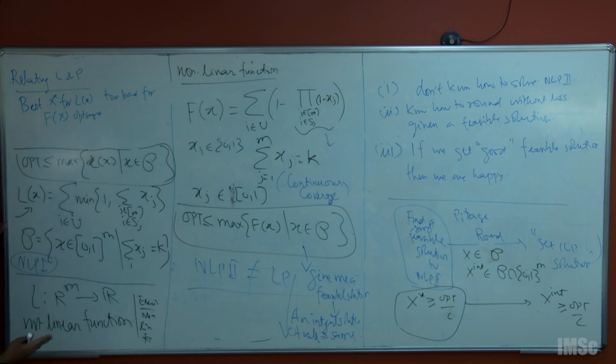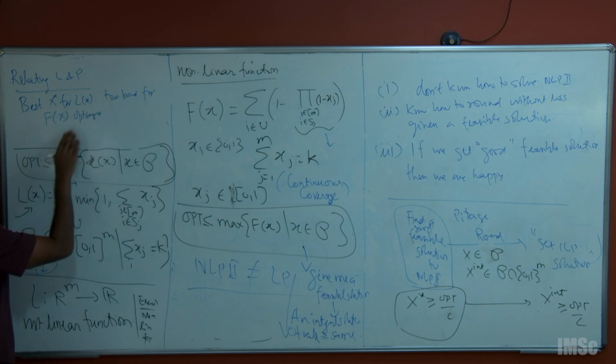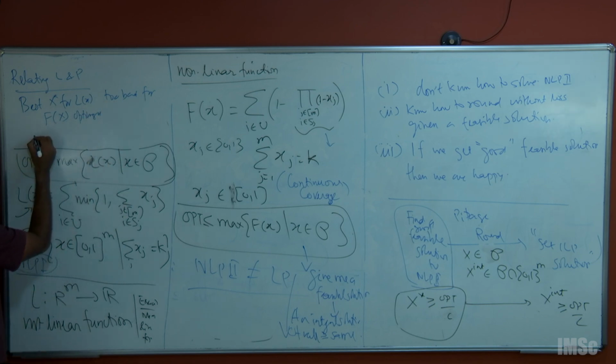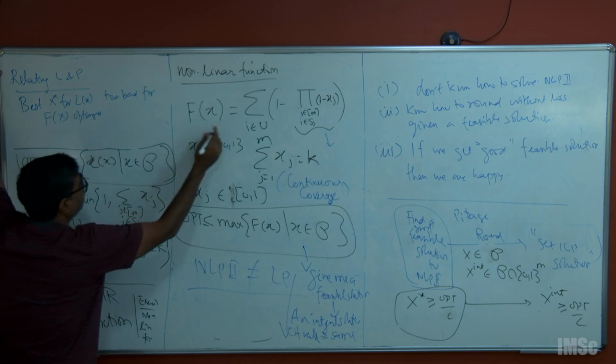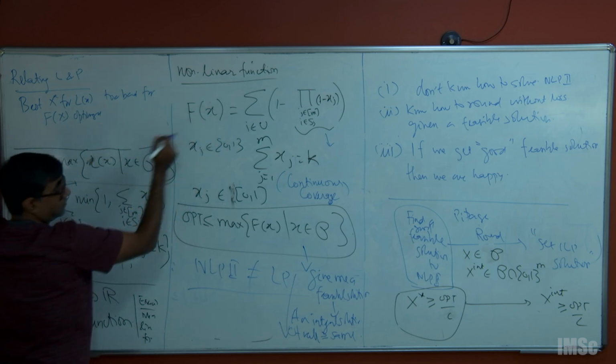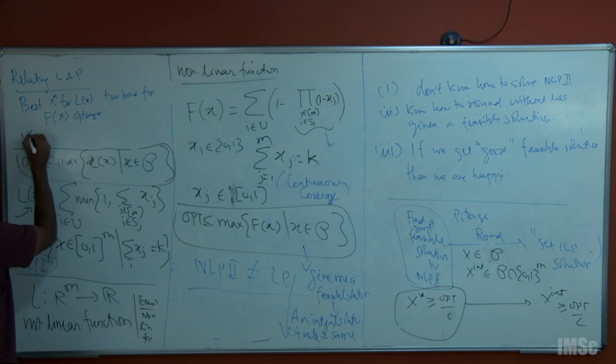Here of course I'm talking about LP. So x star for L of x, how is it too bad for f? Suppose this is y star.